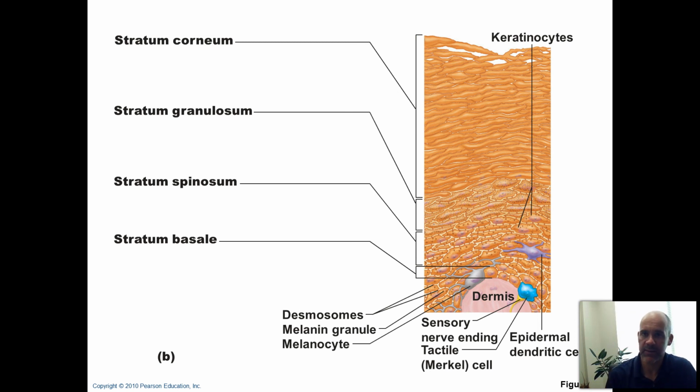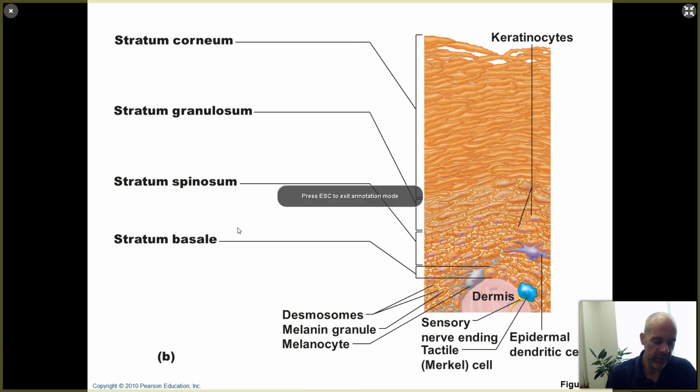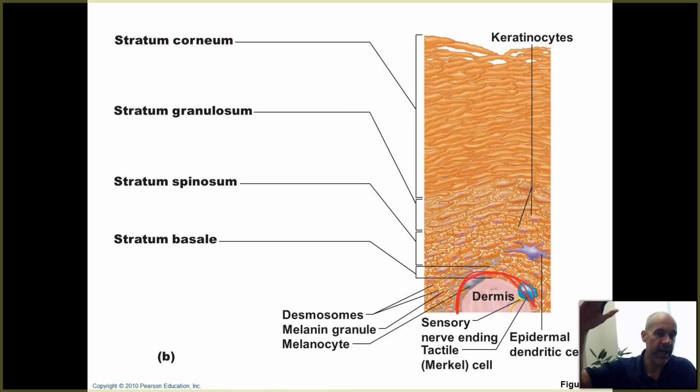So if you get a callus on your hands, or index finger, or wherever, a lot of people have a callus on their index finger, what's happening there is when you use a portion of the skin extensively, there's more stimulation of mitosis down here in the stratum basale, and these cells get replaced more quickly, and you retain more of the dead leftover cells in your stratum corneum, and the stratum corneum thickens, and that's how you develop a callus.